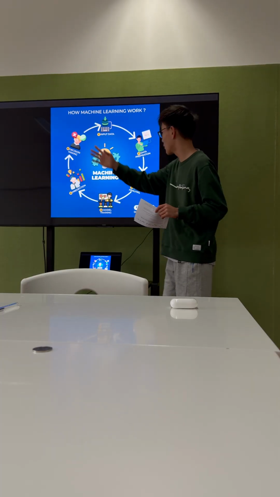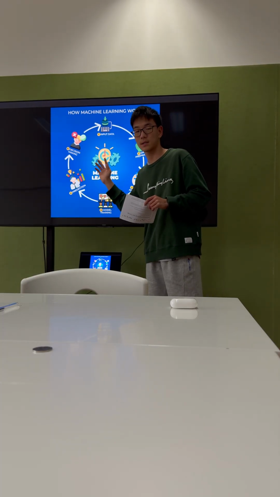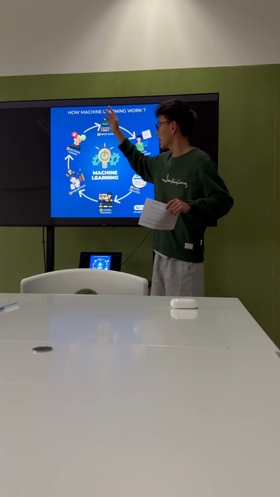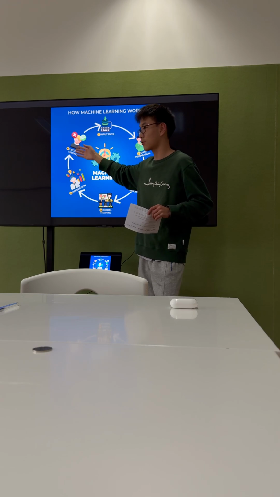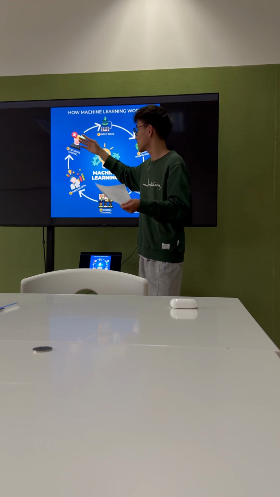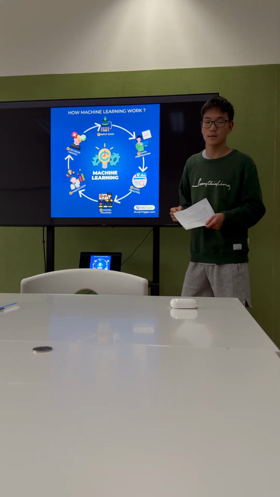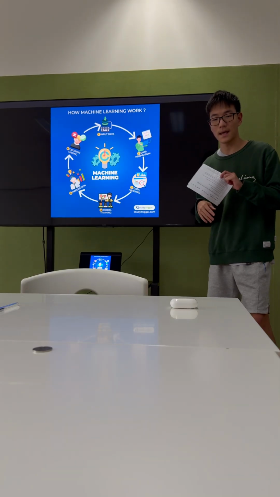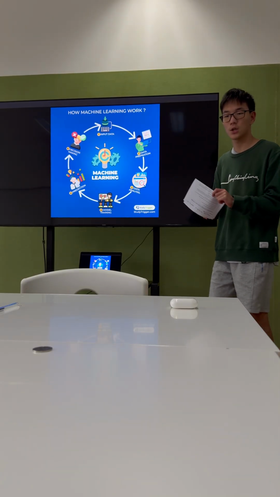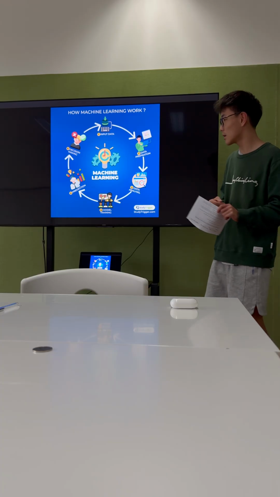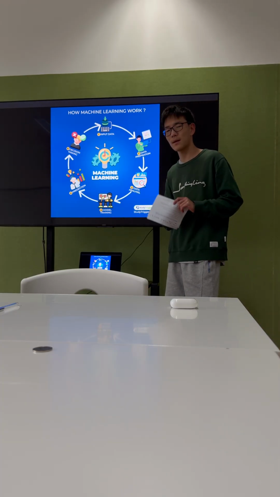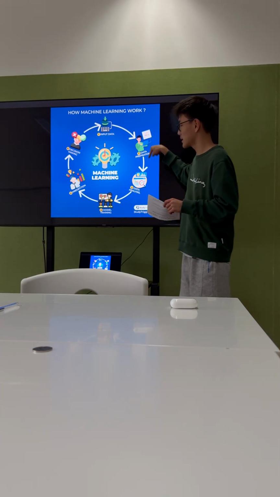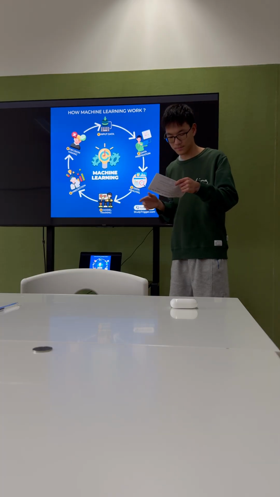If we think the answer is no, the computer will reflect on itself again, and next time maybe it will change the answer into a better one. So this is the machine learning cycle.